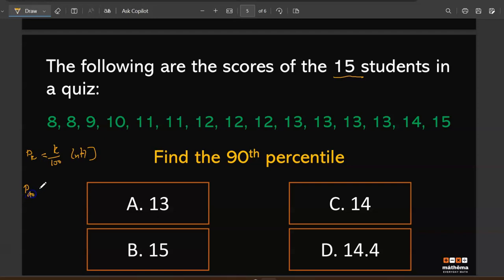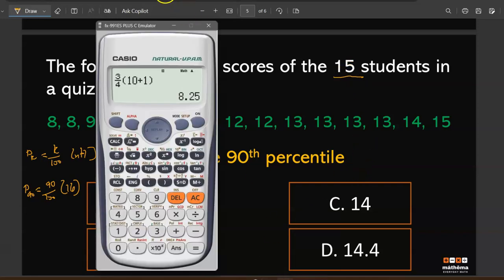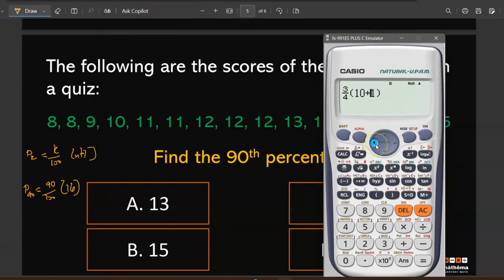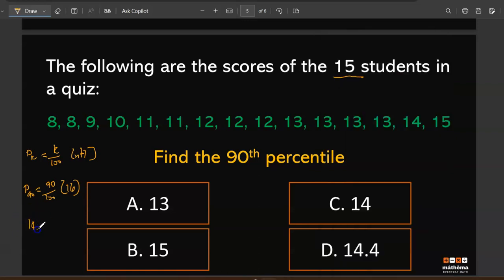So P 90 is equal to 90 over 100 times 16, because n plus 1 is 16. This gives us 14.4, or approximately 14. So that is letter C.